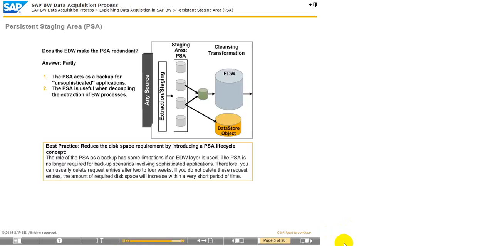With SAP BW 7.4, loading data from operational data provisioning, or ODP, source systems directly to InfoProviders with DTPs is possible. In this context, the PSA is optional again.